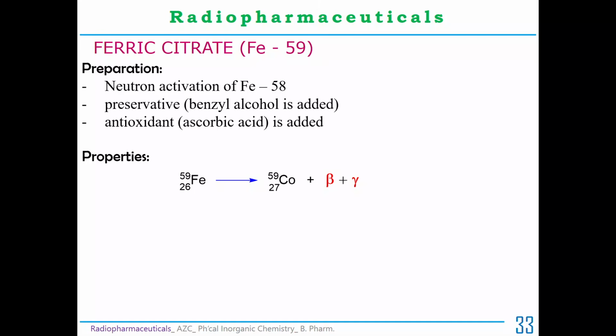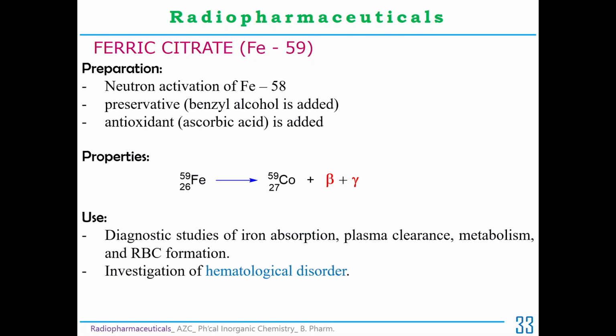Properties: iron 59 emits beta and gamma rays and converts to cobalt 59. Use diagnostic studies of iron absorption, plasma clearance, metabolism, and RBC formation. Investigation of hematological disorder.